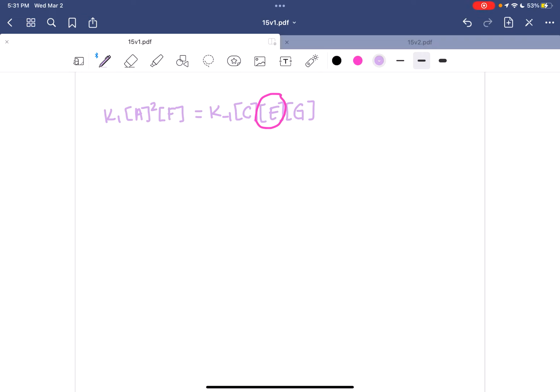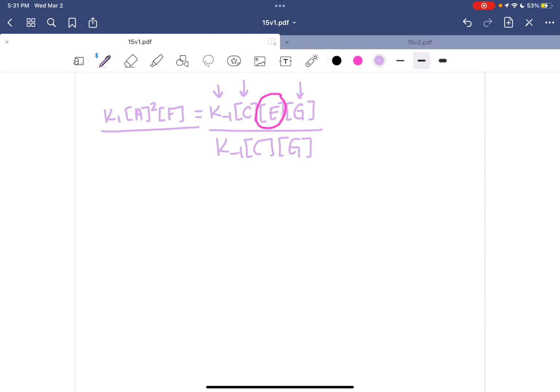So we want E all by itself. So we have to get rid of this rate constant, the concentration of C, and the concentration of G. The way that we're going to do that is divide this entire side by those variables. And then remember our general algebra rules. Whatever we do to one side of an equal sign, we have to do to the other side.